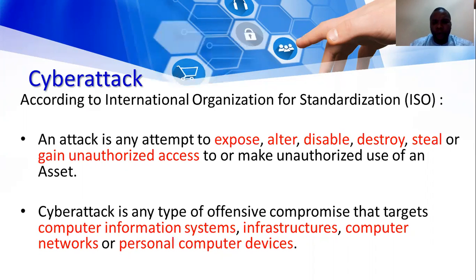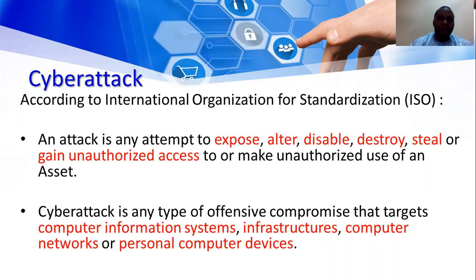And if you look at it, we're saying unauthorized use of an asset. This asset in this case can be anything. So when you look at the definition of a cyber attack, you see down here, it says a cyber attack is any type of offensive compromise that targets computer information systems.